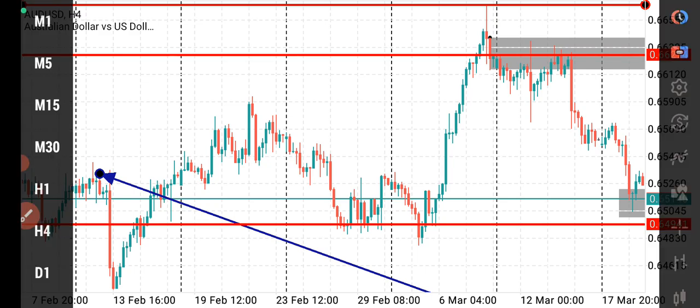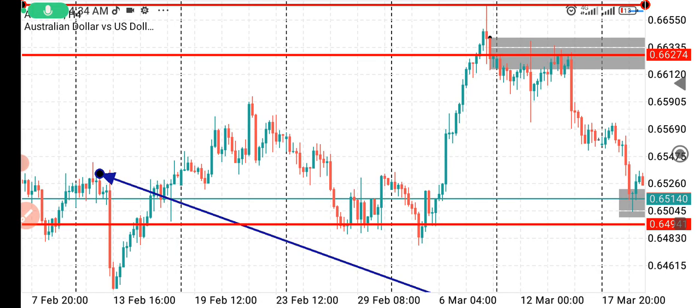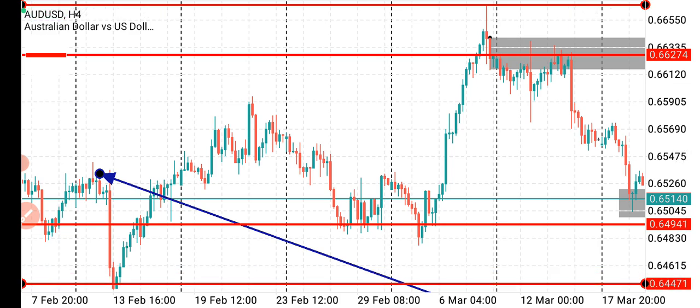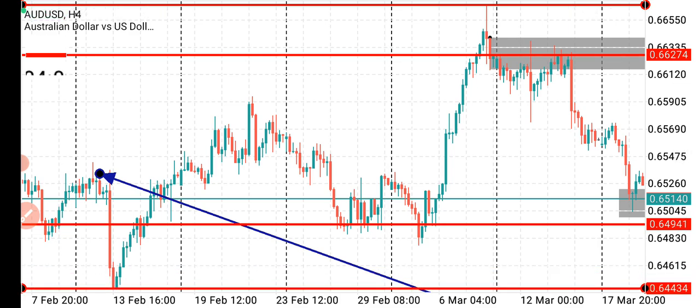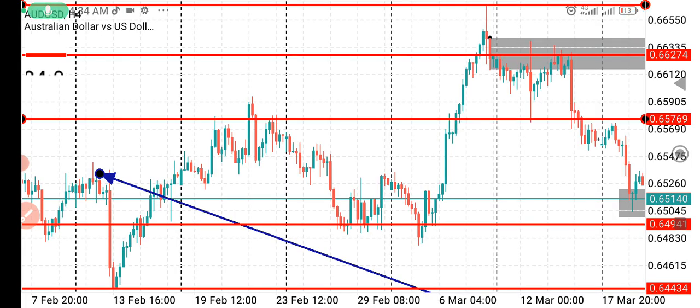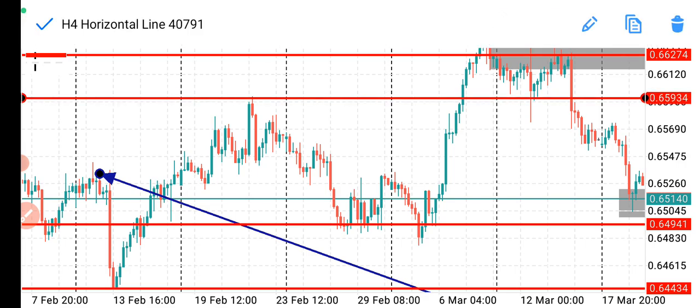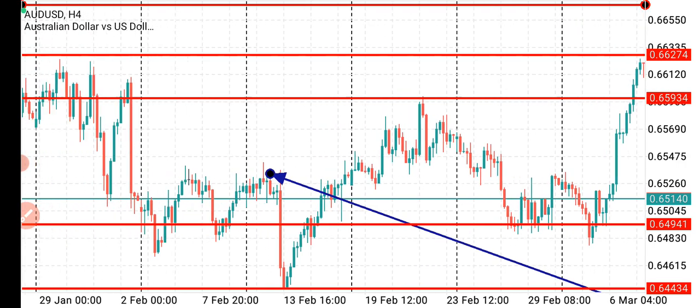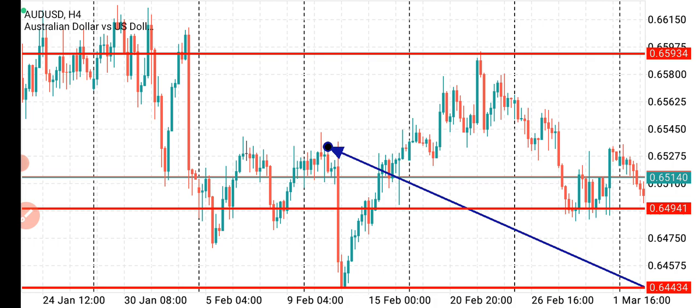So this is our H4. We are trying to mark our points of reaction and points of failure.